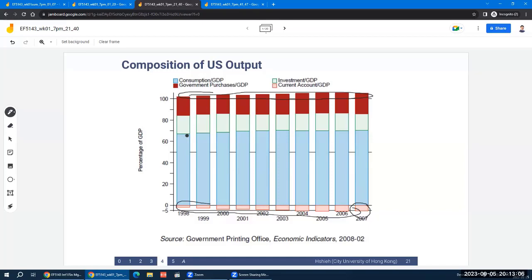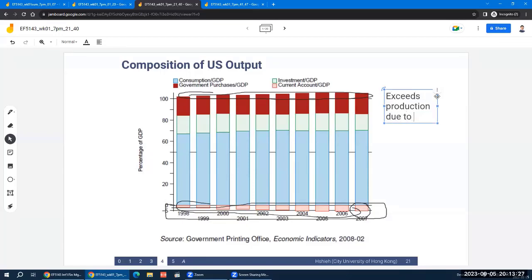It exceeds the 100% line. And they can only do this because they have a negative current account. They get to borrow, so they can consume more than what they make. So consumption exceeds production due to imports. They have good credit, and people are willing to take US dollars.